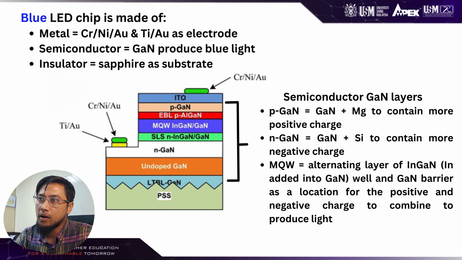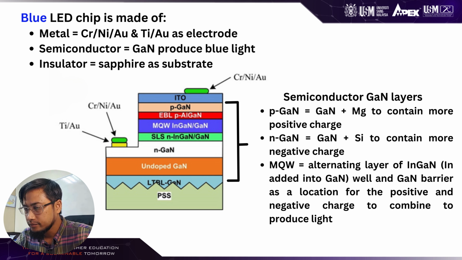By tuning the indium composition within the MQW layers, we can produce green light, blue light, down to UV, ultraviolet emission from that LED. We just play around with the composition of the indium that we put inside the MQW layers.